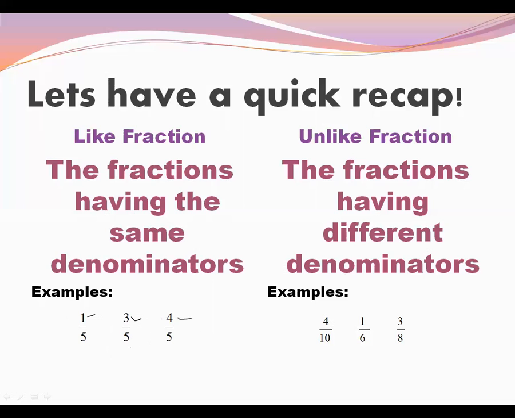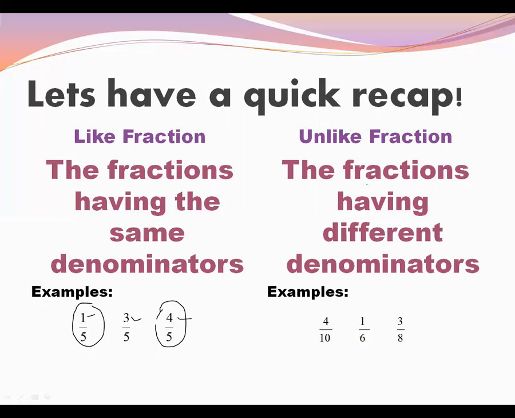So if I ask you which one is the biggest, obviously 4 upon 5 is the biggest fraction because its numerator is biggest compared to the other two. And the smallest is 1 upon 5, because it has the smallest numerator, 1.